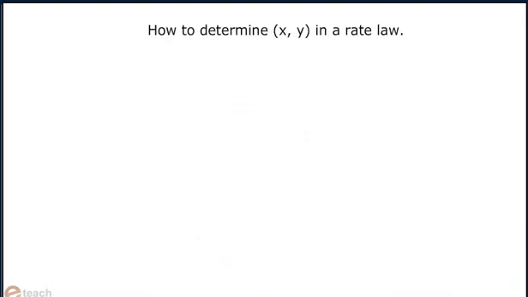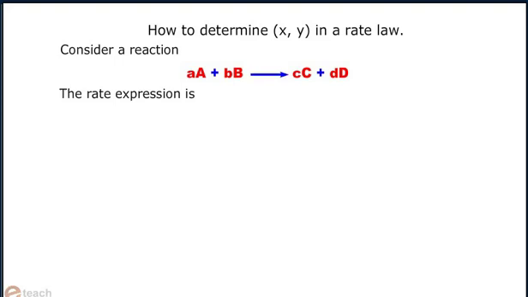Now, we will understand how to determine x and y in a rate law. Consider a reaction aA plus bB gives cC plus dD. The rate expression is given by k times concentration of A to the power x multiplied by concentration of B to the power y.